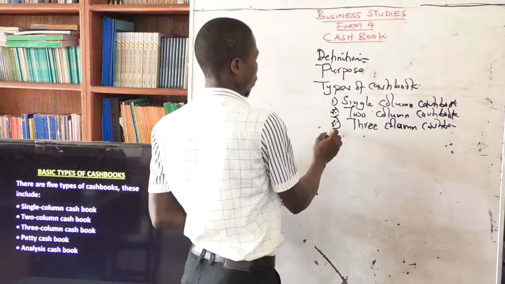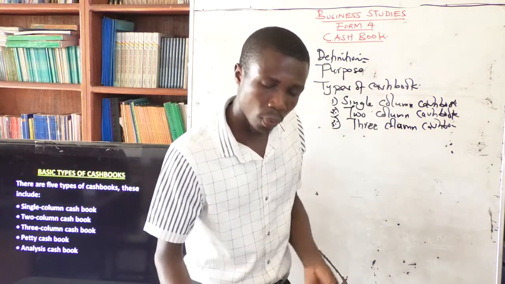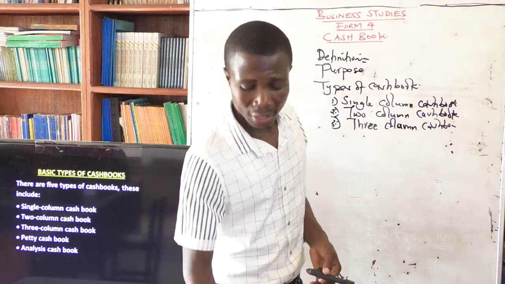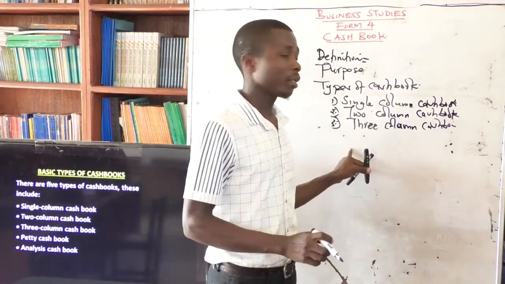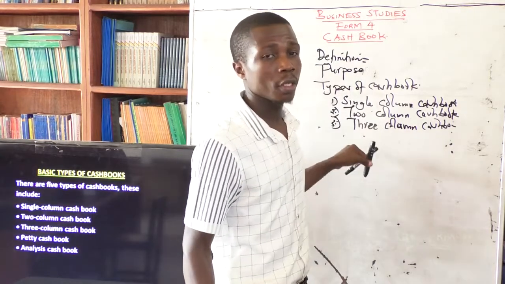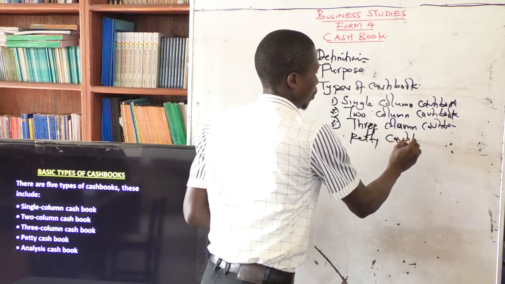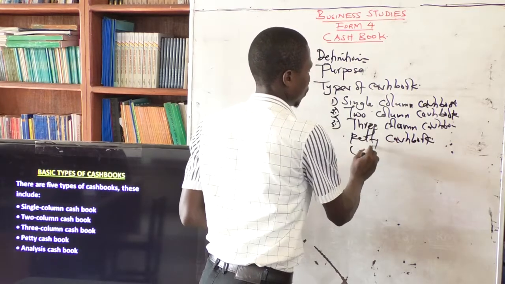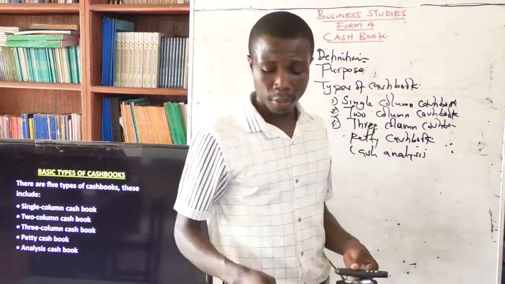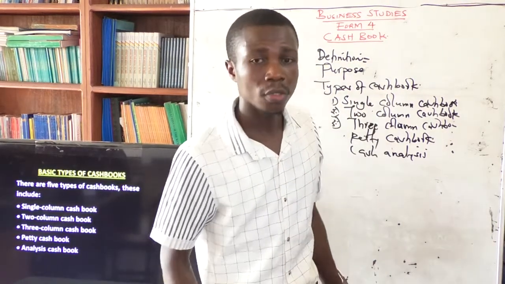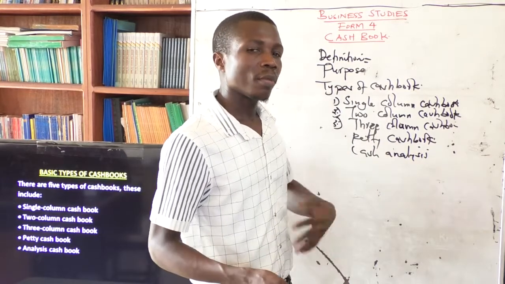Then we have an addition, which is the petty cash book or cash analysis book. But according to our level, we are not going to talk about the petty cash book or cash analysis. When you're asked to give examples or types of cash book, paper 1 may require 4.